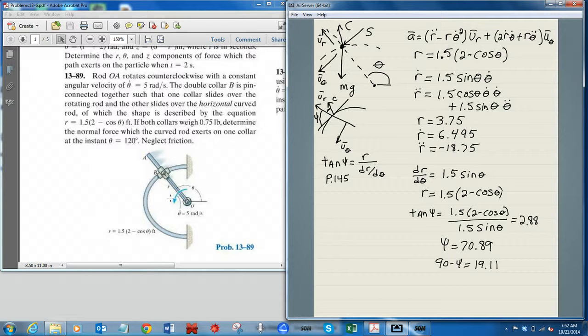Okay, so for the R direction, I'm going to have C times the cosine of the angle 19.11. I also have part of the mg, which is pointing in, so that would be minus mg. Its angle is going to be 120 minus 90, which is 30, and that would be a cosine of 30.